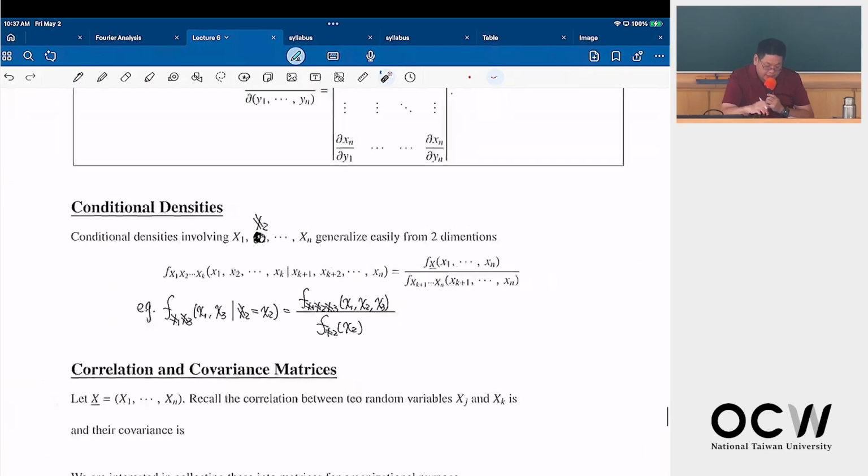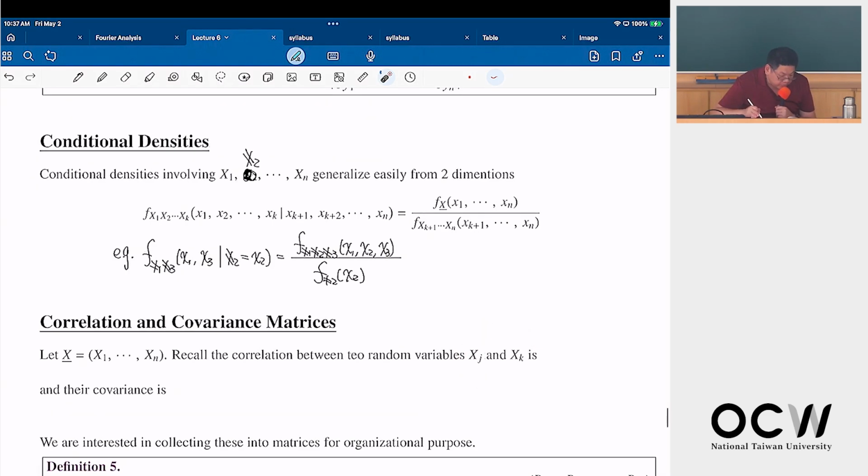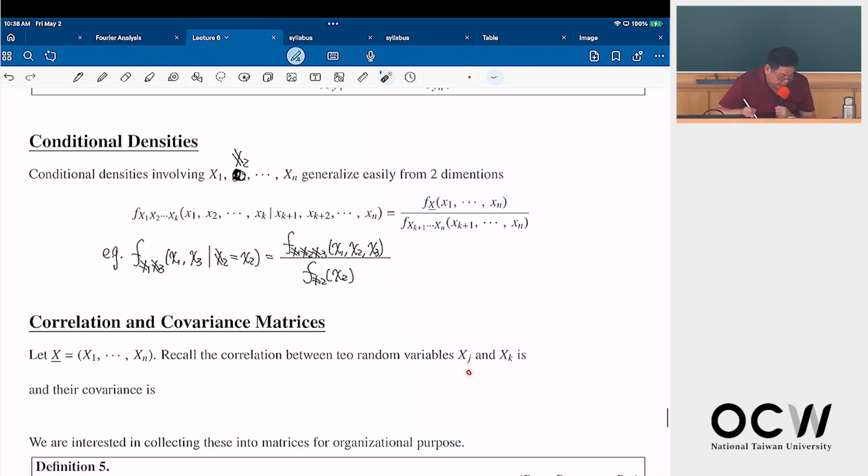Right, next, let's see the correlation and the covariance. I have a random vector. Let's just recall the correlation between two random variables, xj and xk.